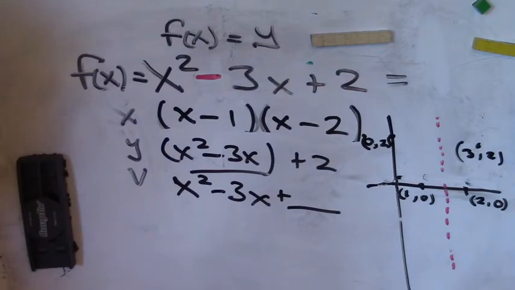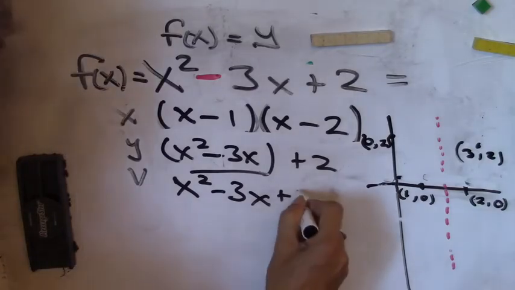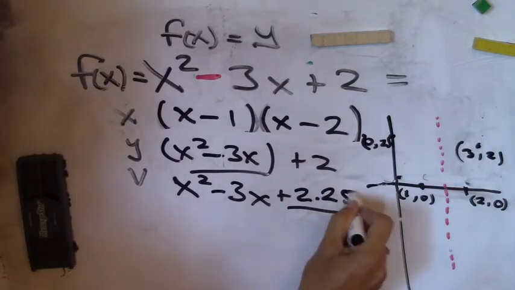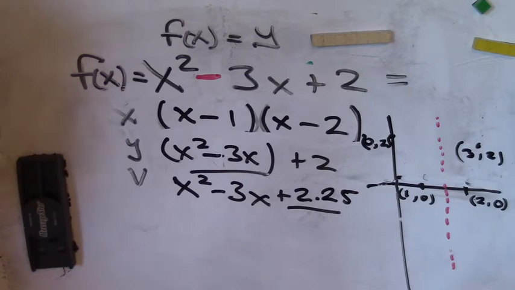Right here. Ooh, okay, so it's 1.5. Write it down. 2.25. Alright, then what? Wait, how did we get 2.25?